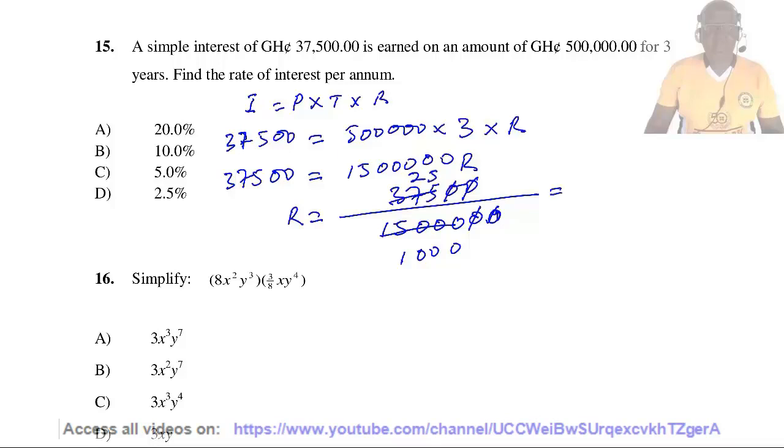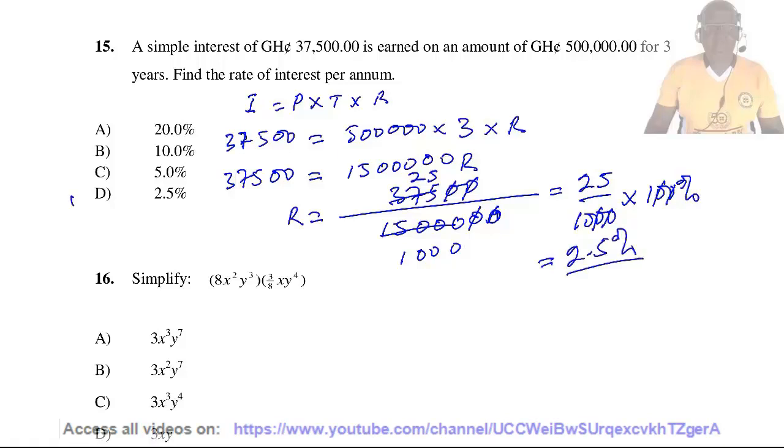So we are left with 25 divided by 1,000. Now, to convert to percentage, we shall multiply by 100%. So we shall get 2.5%. So the answer is D.